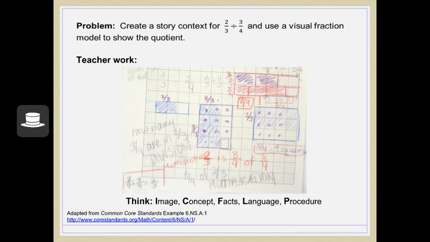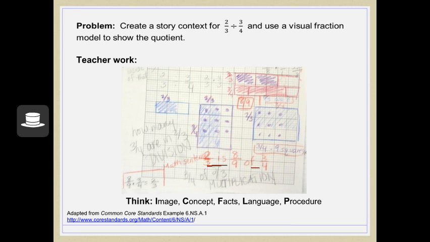So 2/3 is 8 of those 12ths, whereas 3/4 is 9 of them. How many times does 9 go into 8? Well, that's 8/9. 8/9 is the number of times that the 9 goes into 8, not quite a whole. And so they've come up with the answer visually and written the math sentence here: 2/3 is 8/9 of 3/4.